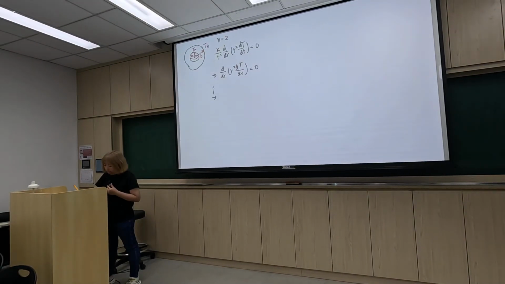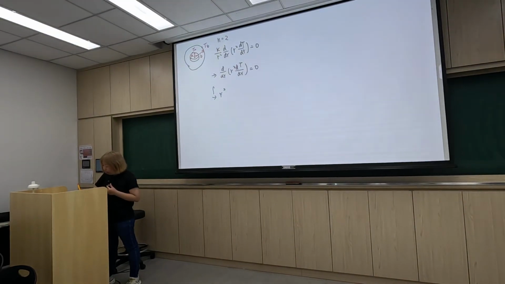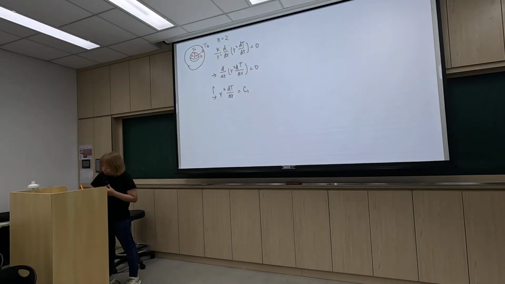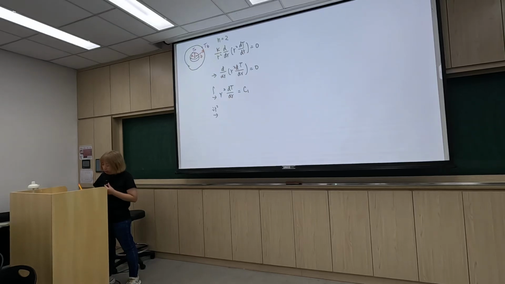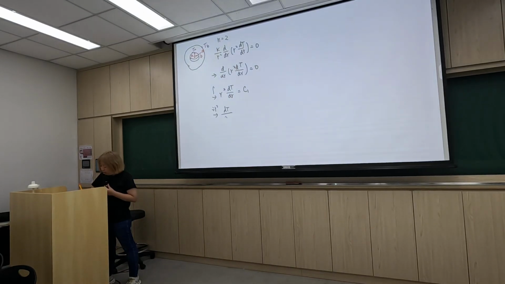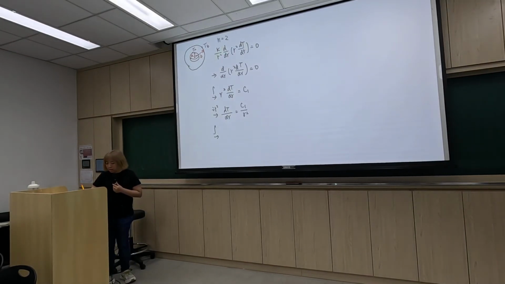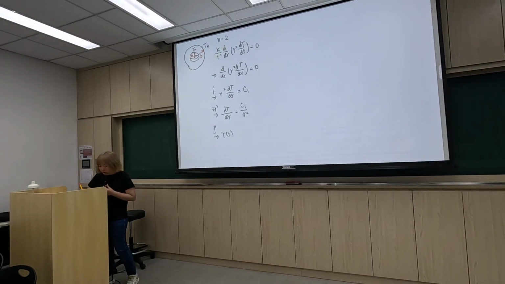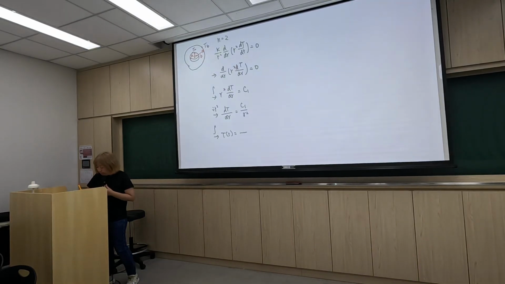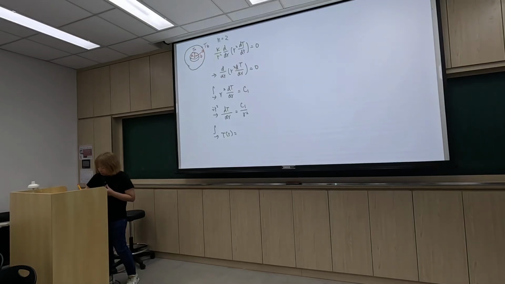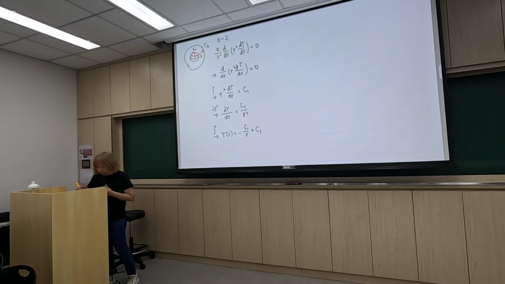Then we integrate again, R squared dT/dr equals to constant C1. And we divide by R squared again. Then dT/dr will equal to C1 over R squared. You might find the pattern here already. So T(R) will again become minus C1 over R plus C2.